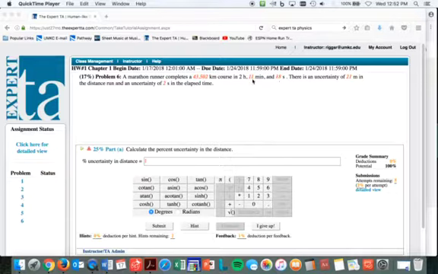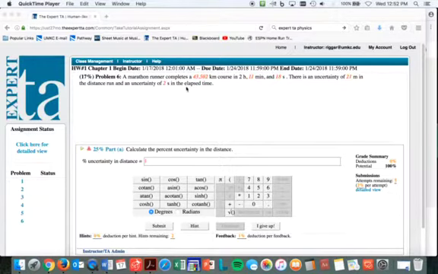Then we'll add those two together and give us the decimal time.